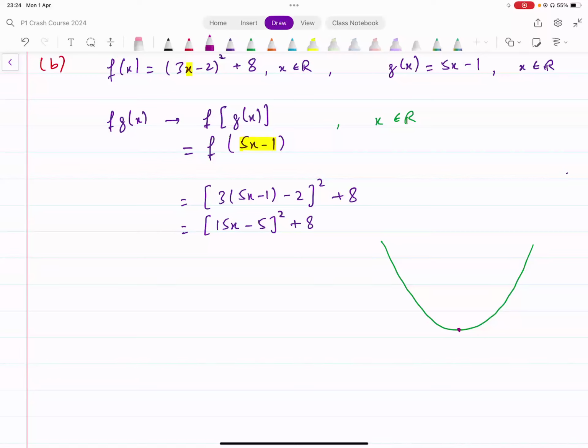This is the turning point. What's the y-coordinate of the turning point? The y-coordinate of the turning point is 8. So that means the range of this function is going to be y greater than or equal to 8. That's the range of this function. Any problems?